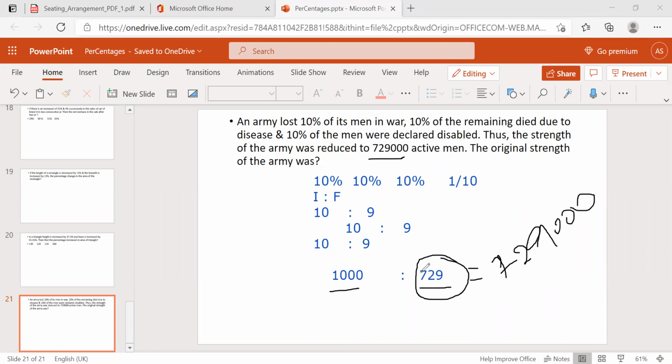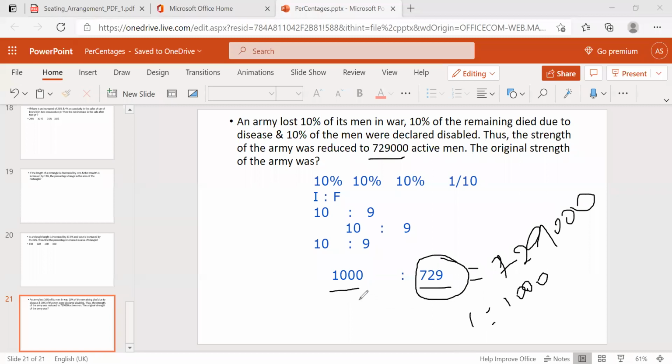The 729 parts is nothing but 729,000. Then one part is nothing but 1000. Is it clear? Do you understand?